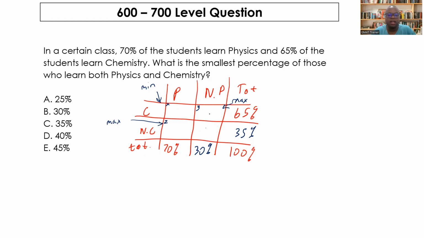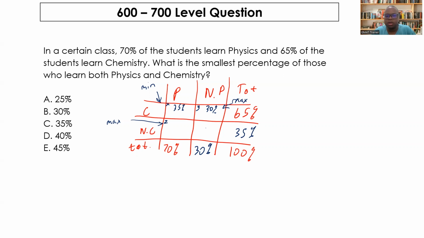And if this also is 30%, let's just write it there, 30%, and reason it out and see what other possibilities it could have. Then this could possibly be 65 minus 30, which is 35. Let's now come to those who don't take chemistry.